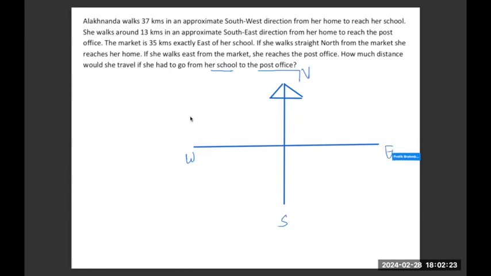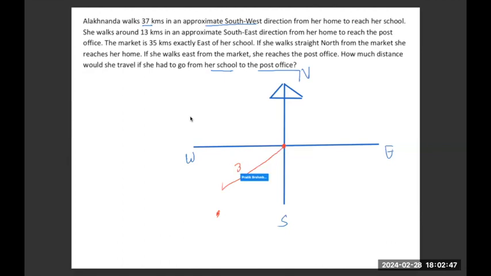What is provided here is Alaknanda walks 37 kilometers approximately southwest direction. Southwest is this side. So I will start from the center. I can start from anywhere, but I'll start from the center because from the position where she is, she's moving towards the southwest direction.